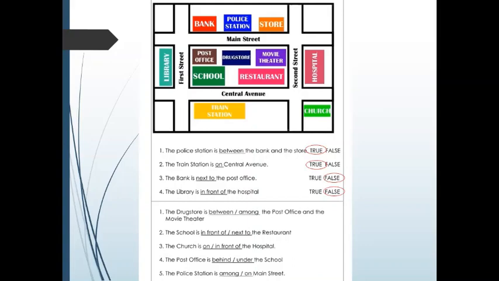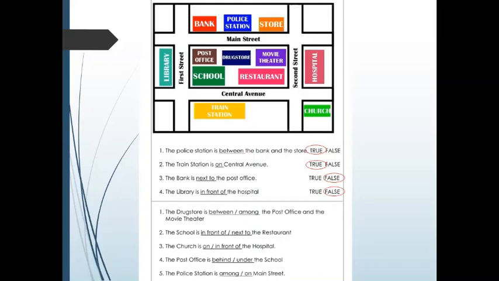Now, let's answer the next exercise. In the next exercise, guys, you have to circle the correct preposition. Again, just write numbers from 1 to 5. 1, 2, 3, 4, and 5 on your notebook. And then write the answer, just the answer, right?